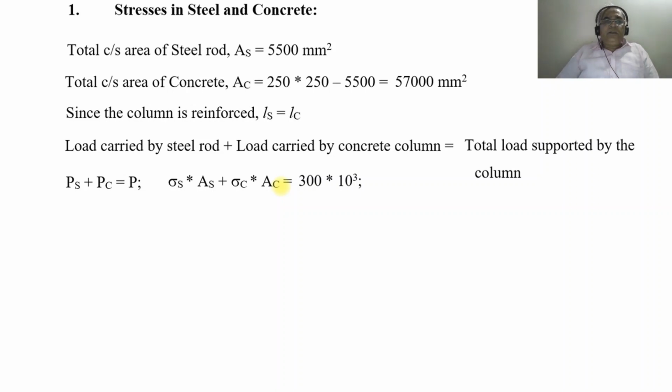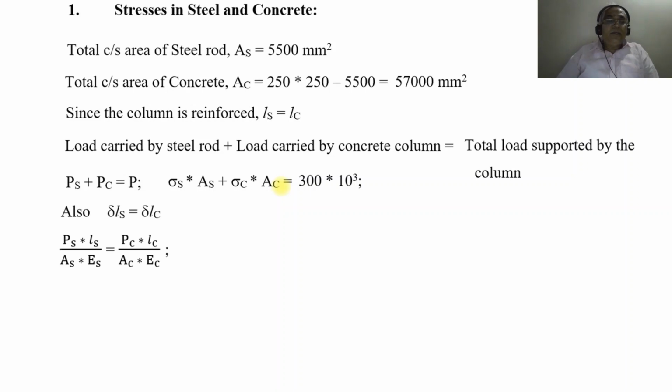Once you do that, we also know that the deformation in the steel is equal to the deformation in the concrete. The general formula for delta L is P into L by A into E. For the steel, it is going to be PS into LS by AS into ES, and that should be equal to PC into LC by AC into EC.